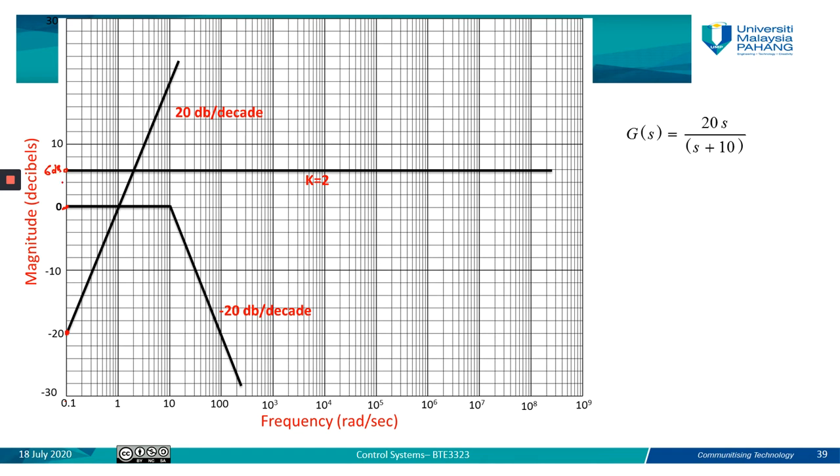So if we add 6 plus 0, it will be 6, plus negative 20, it will be negative 14. So negative 14 will be at this point. Okay, so we are going to start from negative 14 instead of starting from negative 20. Why? Because we have a shift by the gain of 6 dB here. Then from this point until we reach here, there is no change until this point.